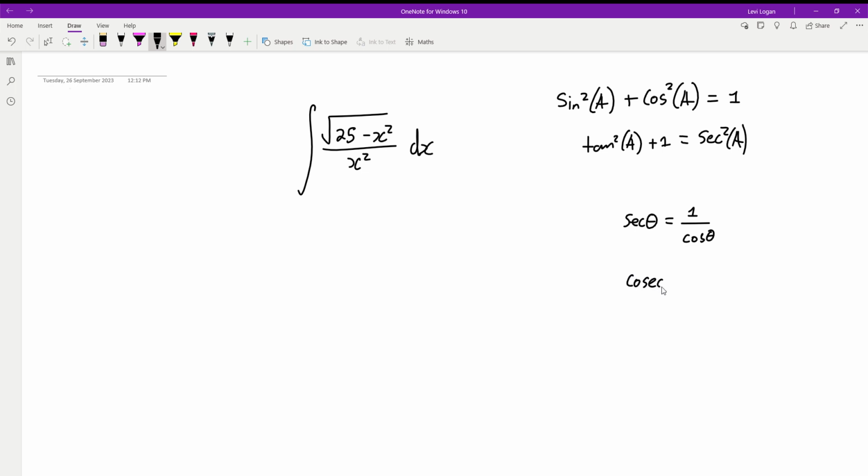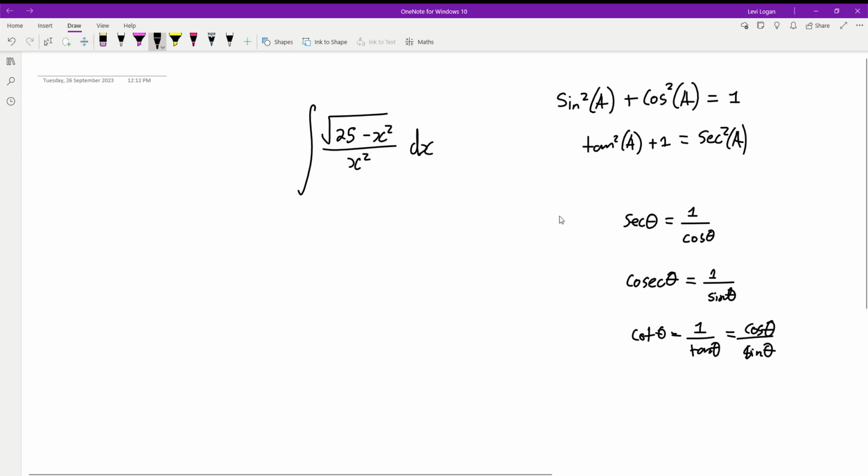Cosec theta is 1 over sine theta, and cot theta is 1 over tan theta, or cos theta on sine theta, because if you recall, tan is sine over cos, so 1 over tan is cos over sine.